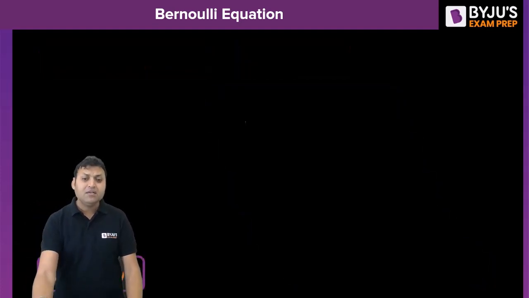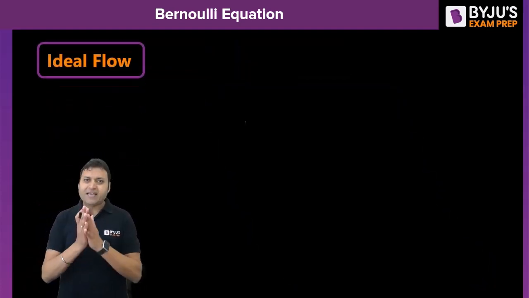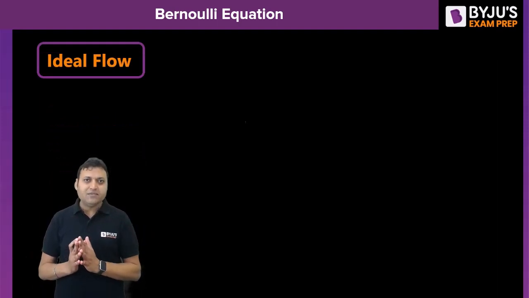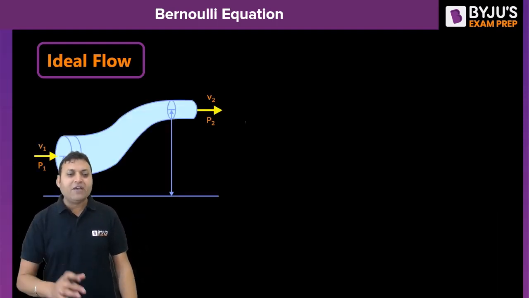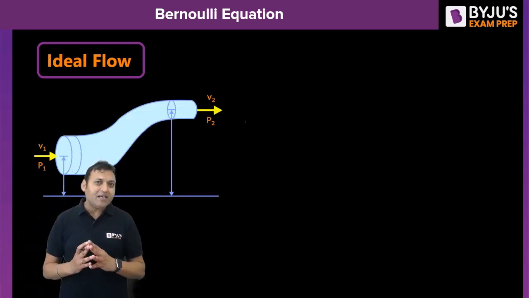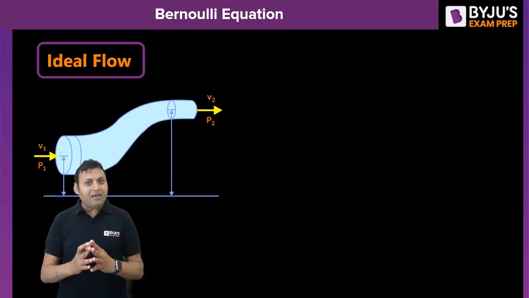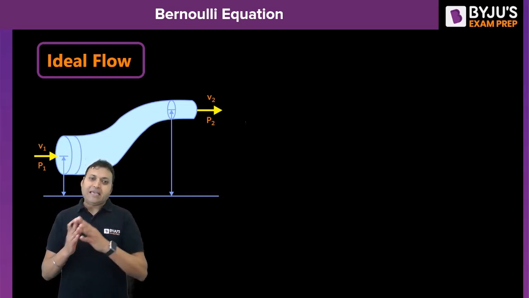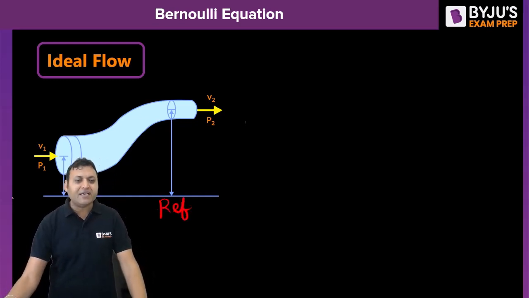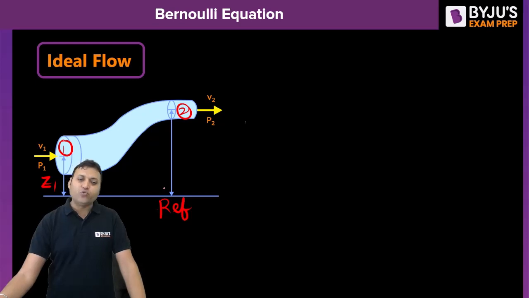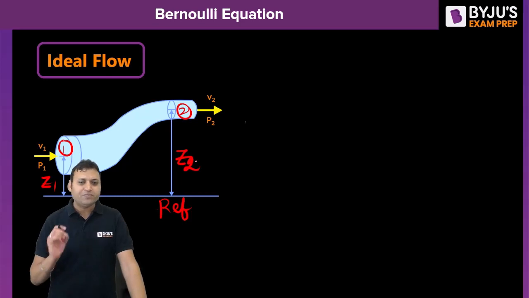For example, if there is an ideal flow, it means there is no energy loss during the flowing fluid due to friction. The frictional loss is ignored, negligible. So if the fluid is flowing from inlet 1 to outlet 2, at inlet 1, with this as the reference line, the height of point 1 is the potential energy head Z1, and there is an outlet point 2, the height of point 2 from the reference line is the potential energy head Z2.